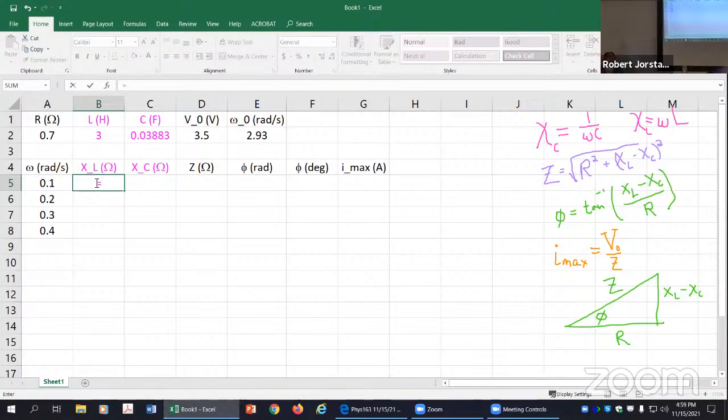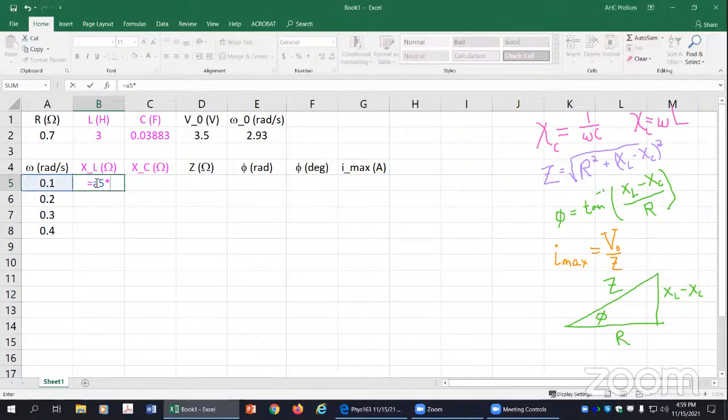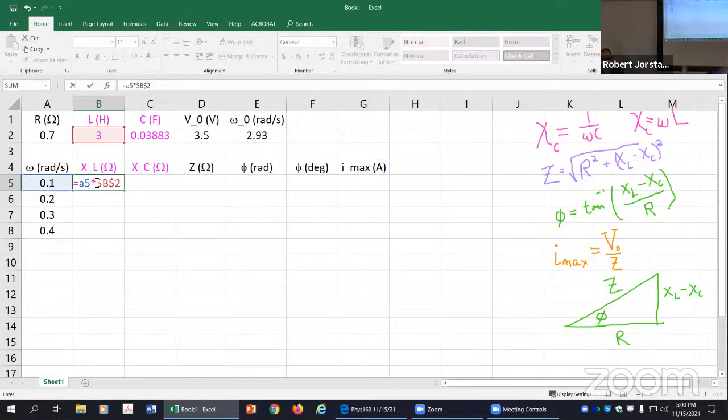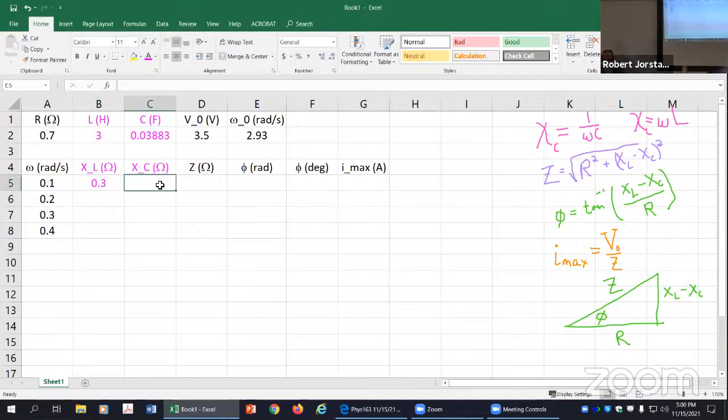We want A5 times B2. And if I type B2, do you agree I need to slap some dollar signs on there? Because the inductance is a constant. The angular frequency is what's changing here. We're sweeping omega. All right, so there's that one.